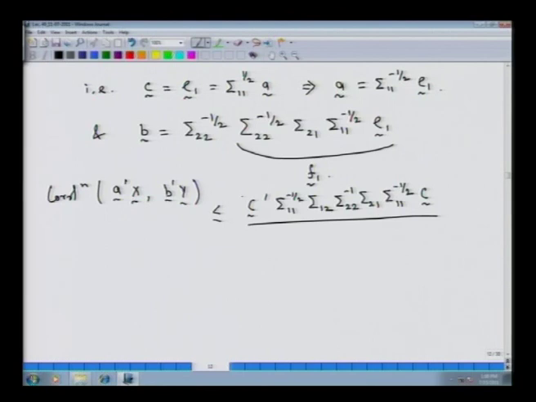I think it would be better if I write one more step here. So, this is multiplied by d prime d, with the entire thing raised to the power half.